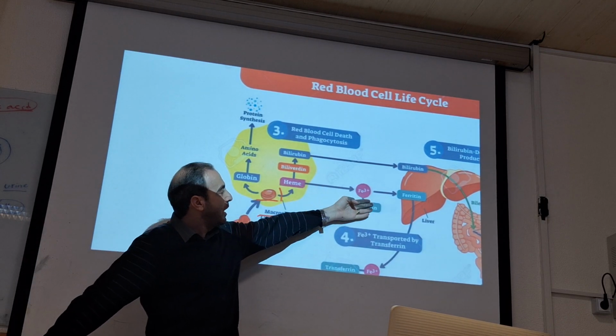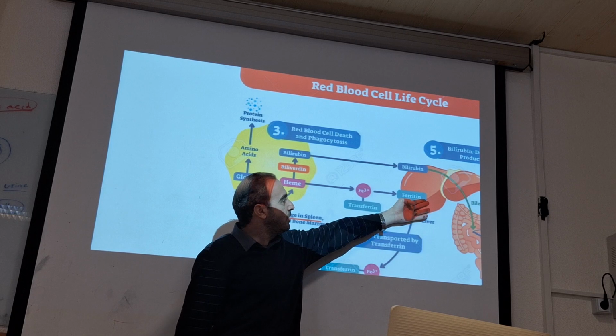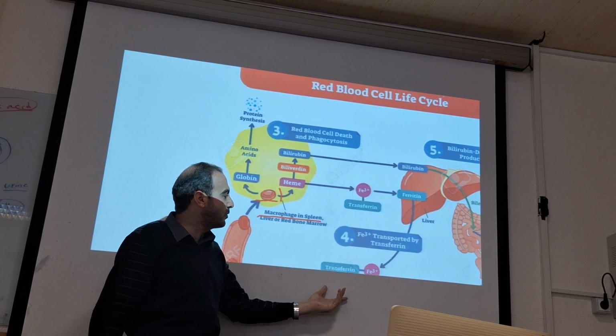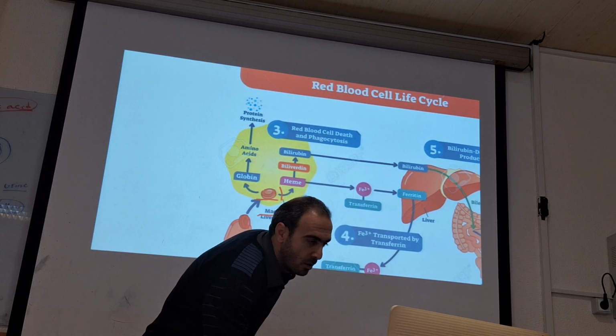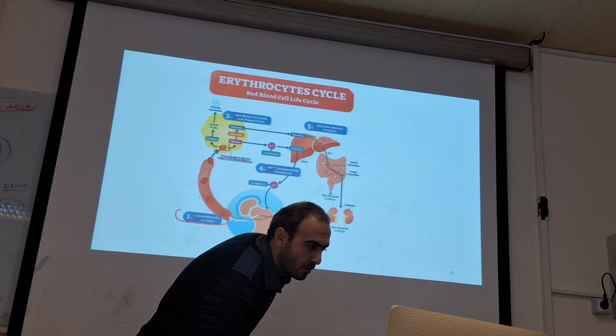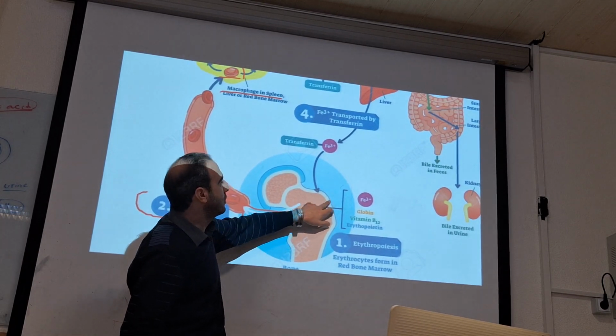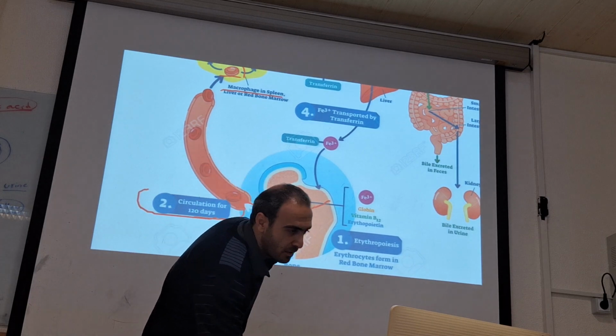Iron can be transferred to the liver and stored in the form of ferritin, or by transferrin it is sent to the bone marrow again, and there it is used for RBC synthesis.